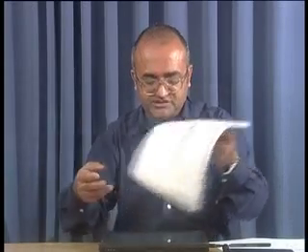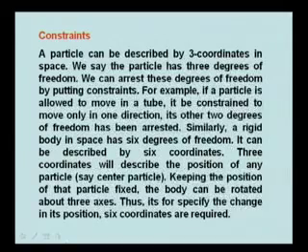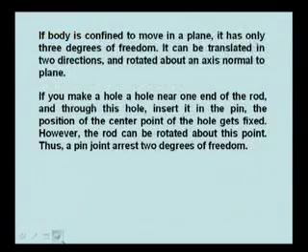So, a rigid body has 6 degrees of freedom. It can be specified by x, y, z and another 3 angles. 3 coordinates describe the position of a particle, say the central particle. Keeping that position fixed, the body can be rotated about 3 axes. Thus, 6 coordinates are required.